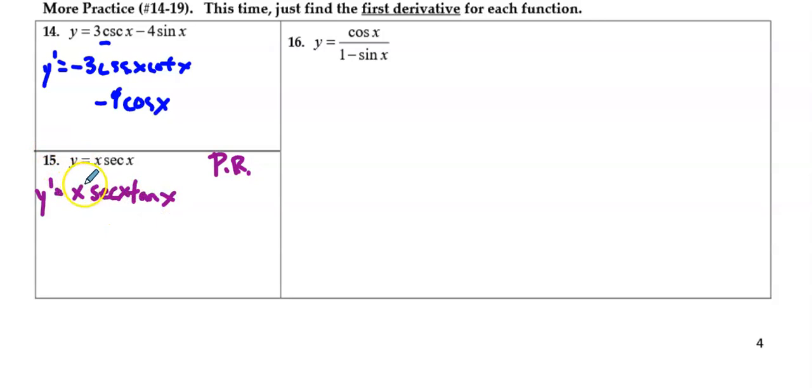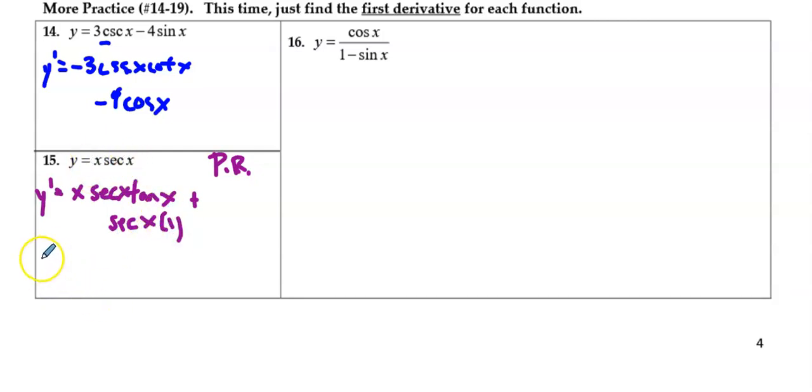And I said earlier in video 1 that if you know secant, secant tangent, then cosecant is the reciprocal of these. It's going to be cosecant cotangent, but again, we changed the sign. So they're very similar. That's why we put them here for you. So it's going to be the first times the derivative of the second plus the second, right? The second times the derivative of the first, which is going to be 1.